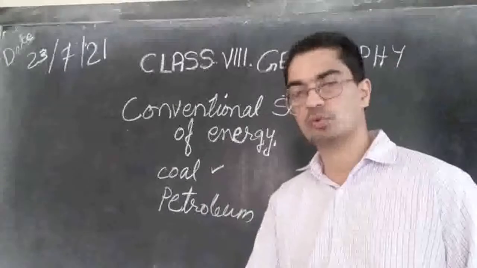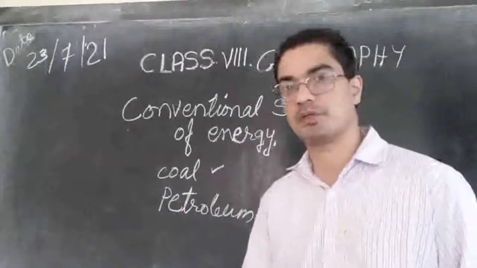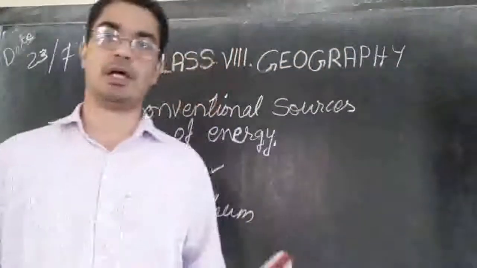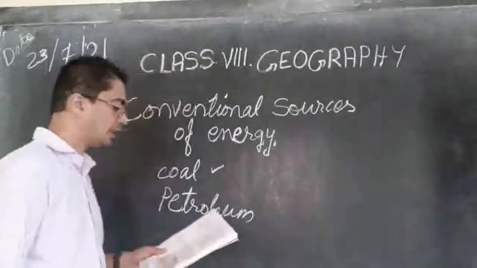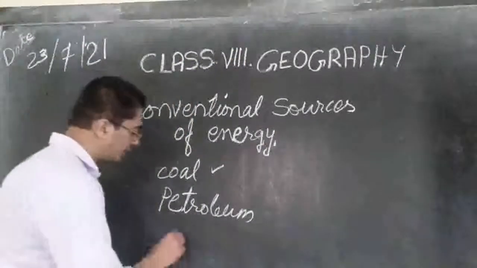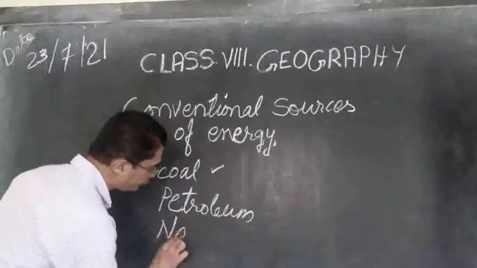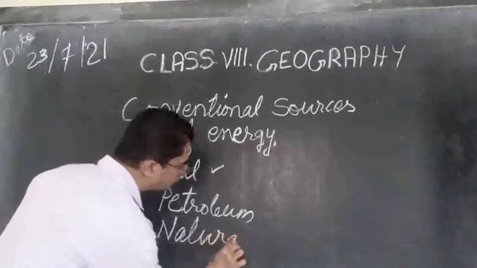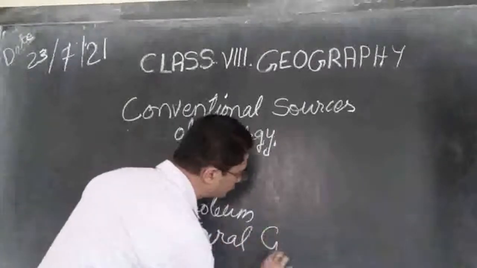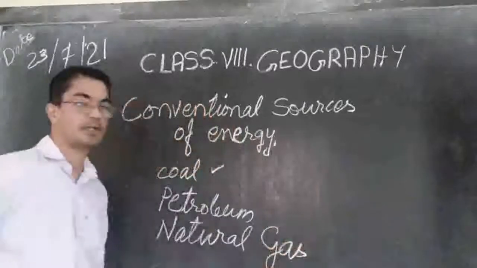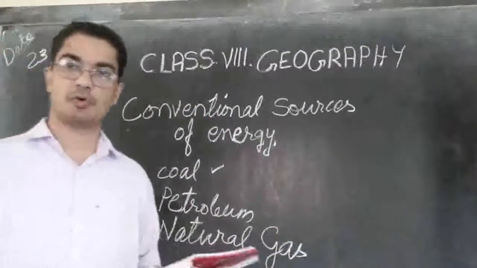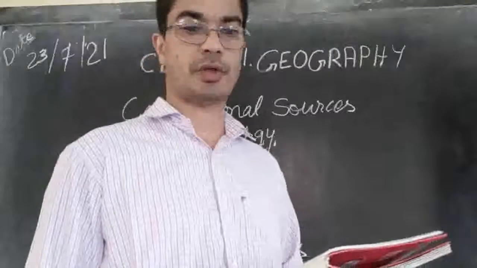Now let us come to another type of conventional source of energy: CNG, or we can say natural gas. Natural gas is another type of conventional source of energy.